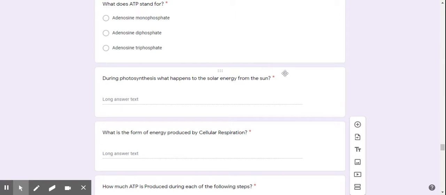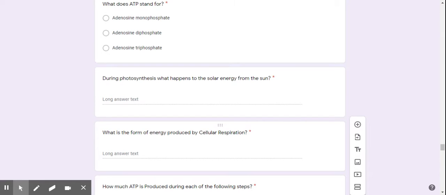That's okay. These things happen. But at the end of it, we end up creating glucose. And glucose has a lot of energy stored in its bonds. So if I was to answer during photosynthesis, what happens to the solar energy from the sun? Well, the solar energy goes and helps break water in order to form glucose.